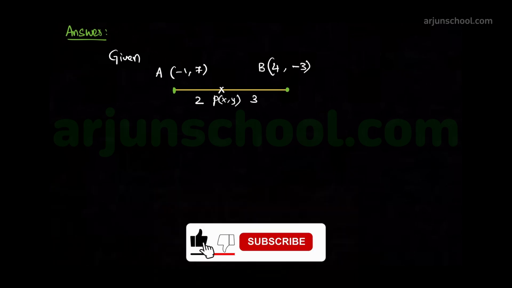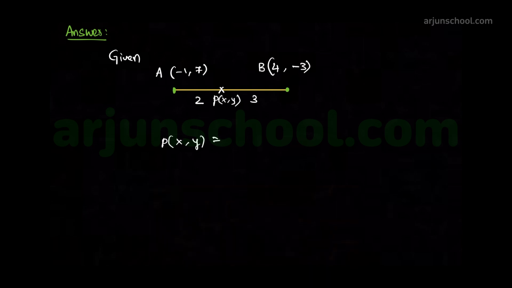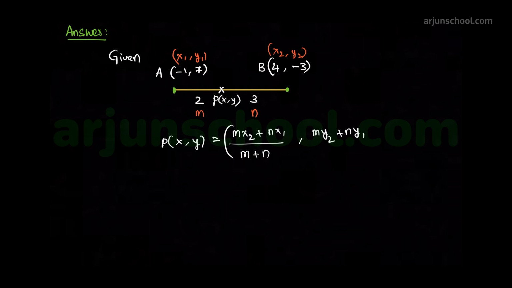The formula to find the coordinates of the point P(x, y), dividing the line segment joining the points A(x1, y1) and B(x2, y2) in the ratio m:n is P(x, y) = ((mx2 + nx1)/(m + n), (my2 + ny1)/(m + n)).